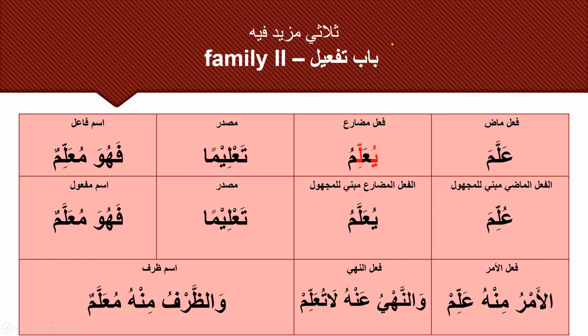So this is our first family in ثلاثي مزيد فيه. And as I mentioned, we are naming them 2, 3, and 4 because this is how we are going to find them in the dictionary, in Hans Wehr and the other dictionaries that you are going to refer to in future, inshallah. And alhamdulillah, you are going to master all these things.